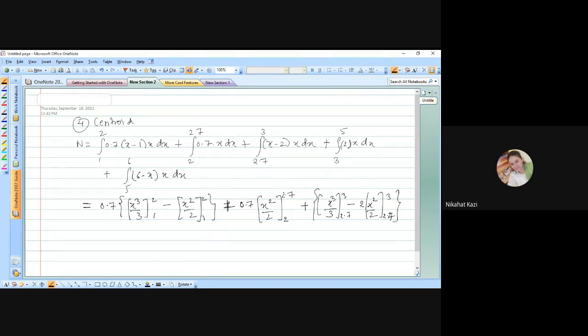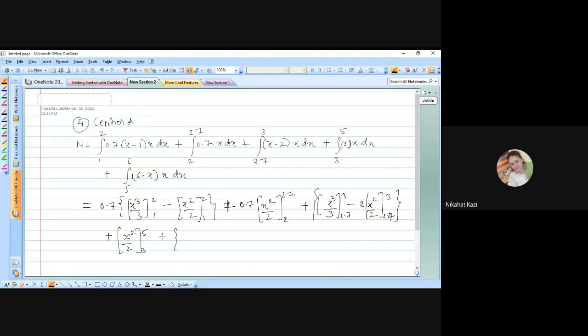Next integral is from 3 to 5 of x dx. What is that? x square by 2, from 3 to 5. Next, last one. Again, it's a big term.